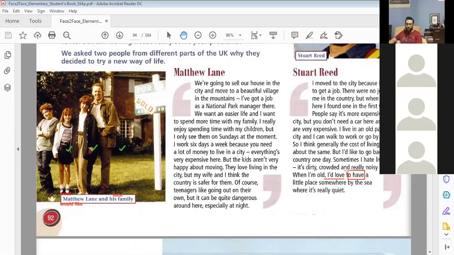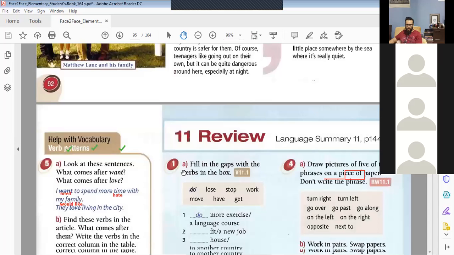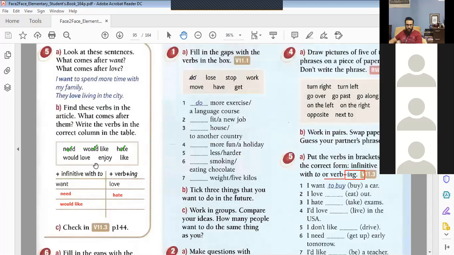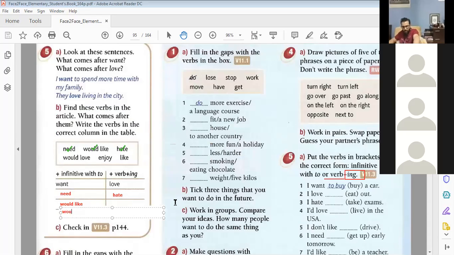Infinitive with to. Yes, we used infinitive with to, right? So this means if you want to use infinitive with to, here would like, use would love.